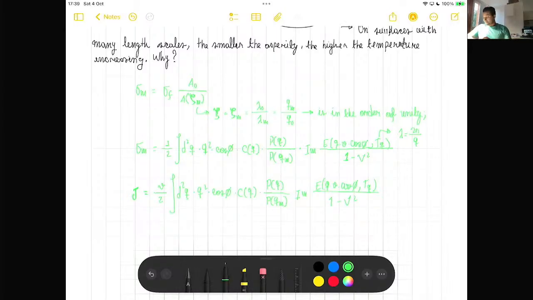Okay? This is valid for asperities on a length scale lambda equal to 2 pi over q.